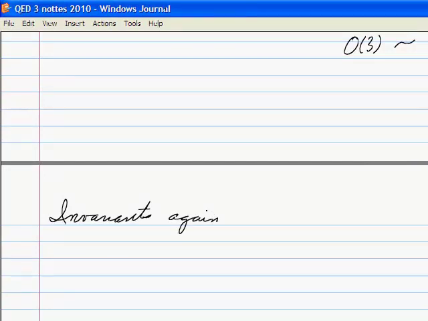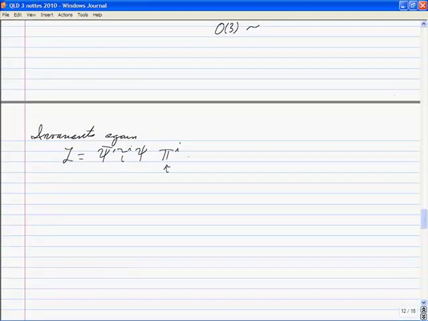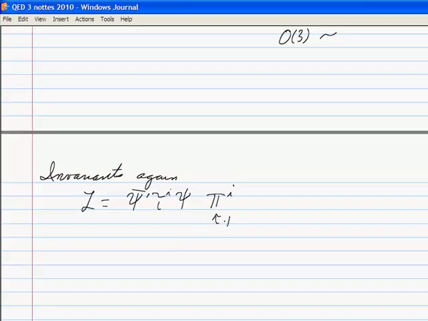Okay, so let's imagine we couple this vector here, psi bar tau i psi, to some other field, which I'm going to call pi here, because this is a standard one, where those are actually the 3 pion fields that you find in QCD. We'd like to make that an invariant. And how can we do that? Well, you can make it an invariant by making pi transform like a vector also.